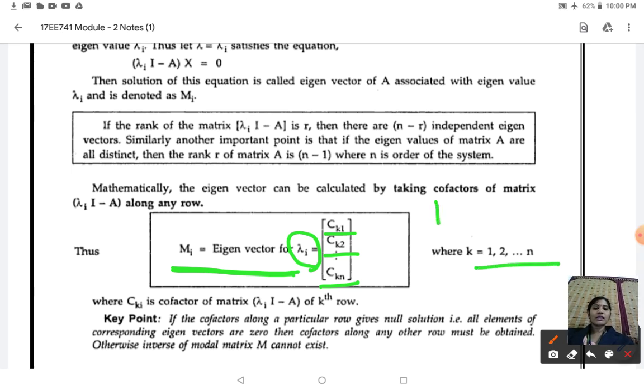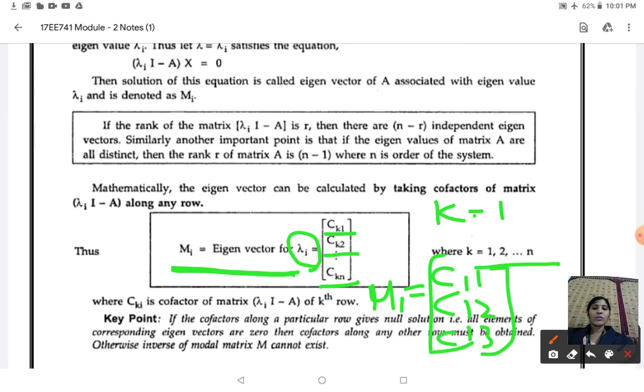Suppose you consider k equal to 1, then the modal vector M1 can be identified. M1 is nothing but the eigenvector at lambda 1 equal to s1 value. So I can write it as C11, C12, C13. This is how we can identify your modal vector.